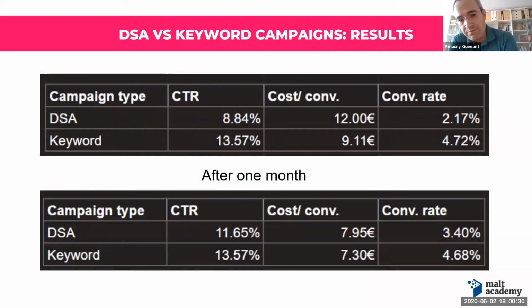But after 1 month of data, what is interesting is that the DSA campaigns start to align with the normal keyword campaign. And I looked at the data also very recently, 1 month later, and the performance of the DSA campaign has even outreached the performance of the normal campaign. So here you can see a very clear improvement.